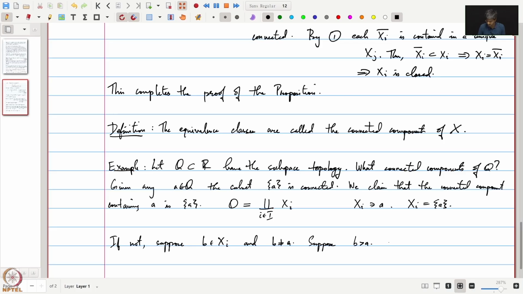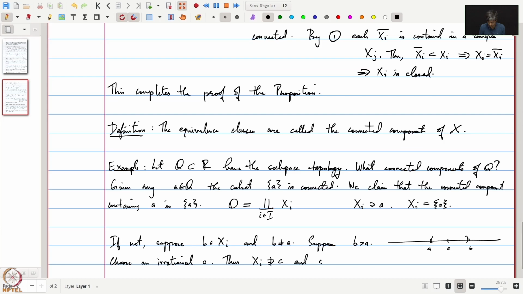So then we have this, A is over here, B is over here, and we can choose an irrational C. So C is not in Q and Xi is in Q. Therefore, C is not in Xi. So then Xi does not contain C, right?